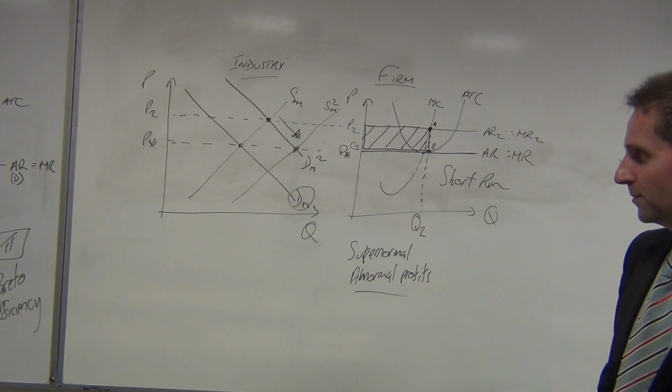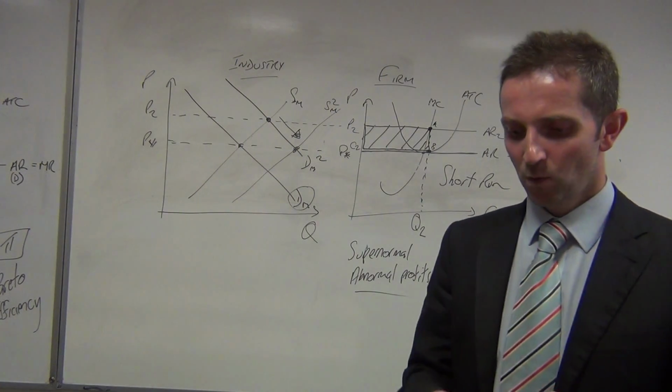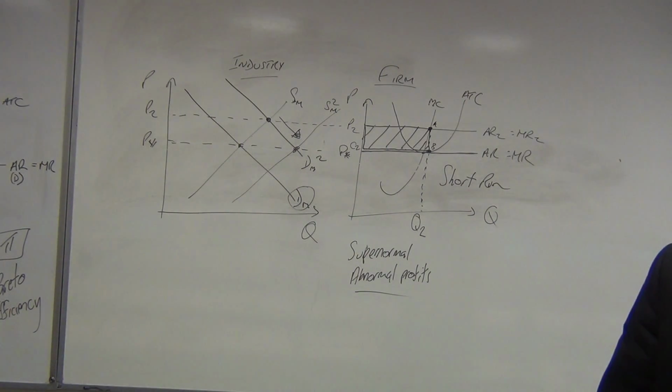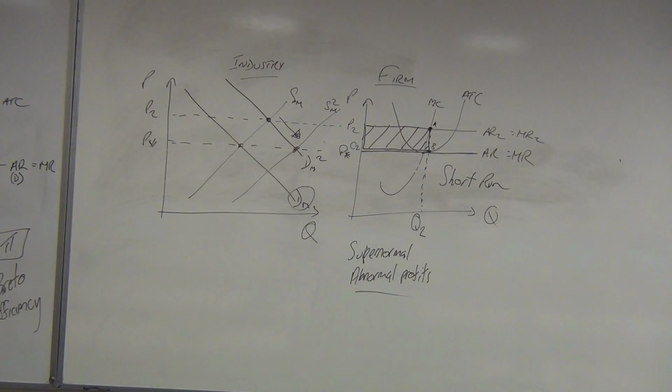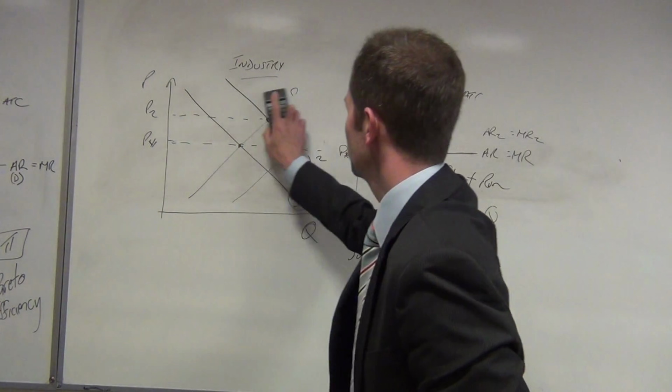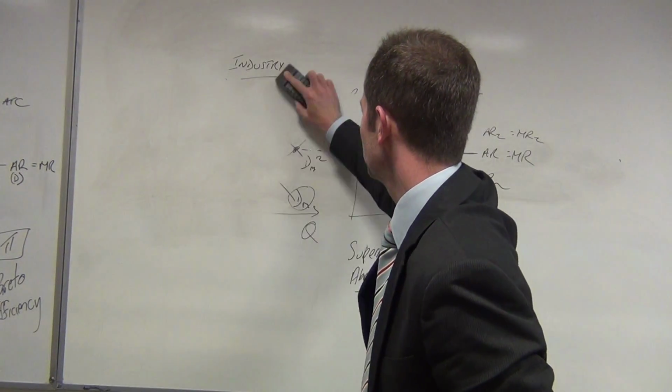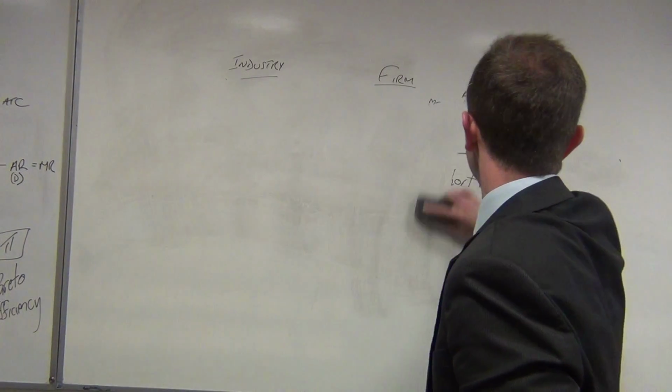You can also work this back in the other direction, where you consider making a loss rather than a profit. So I'm going to draw this diagram once again, and I'll just run through that one for you.